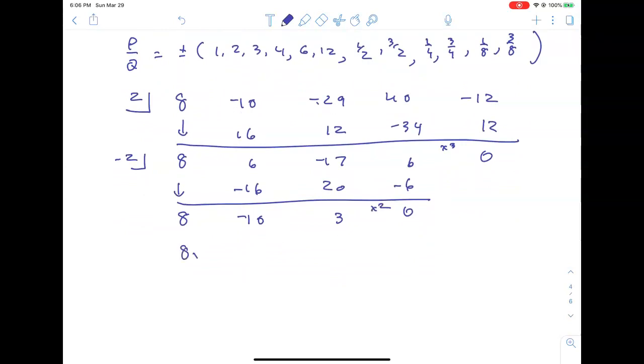So 8x squared minus 10x plus 3 equals 0. Let's go ahead and try the factoring with this. 8x squared, that's probably a 4x and a 2x. Well, let's try -3 and -1. Does that work? Let's see, that'd be -12 minus 2.